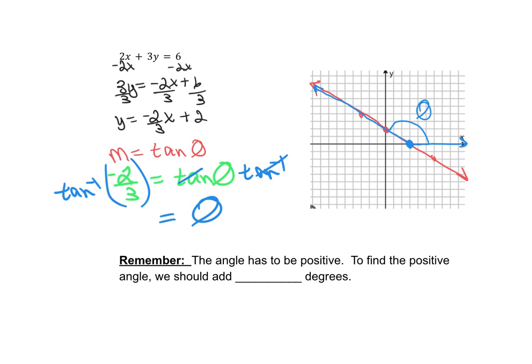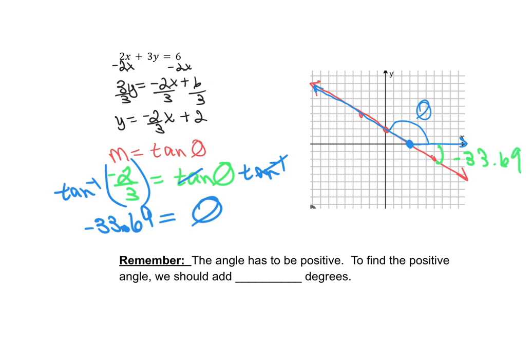And our angle is going to be negative 33.69. Okay, well, the rule said it has to be positive. So what actually, by putting all these numbers in, what it told us was this guy here. It told us that this is negative 33.69.